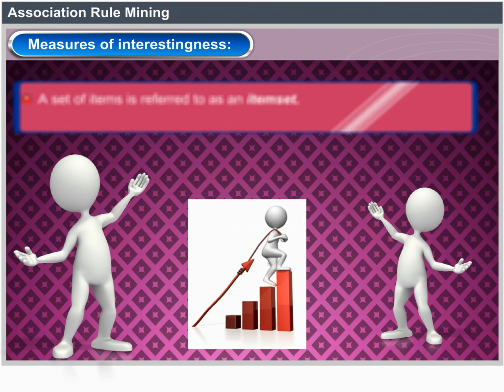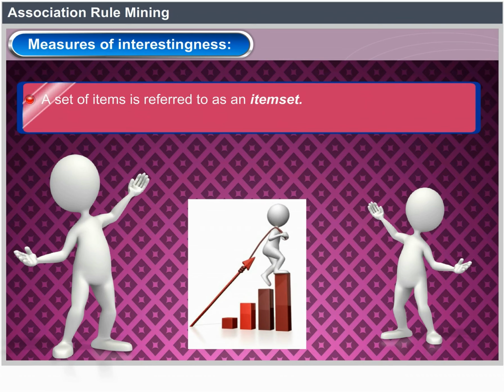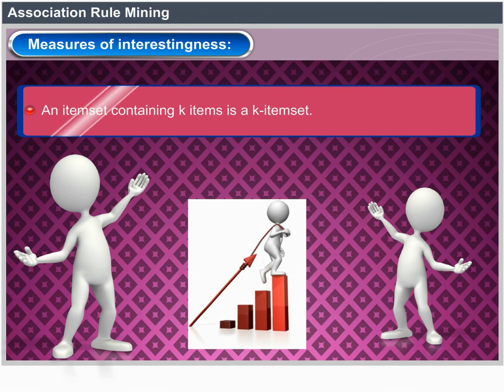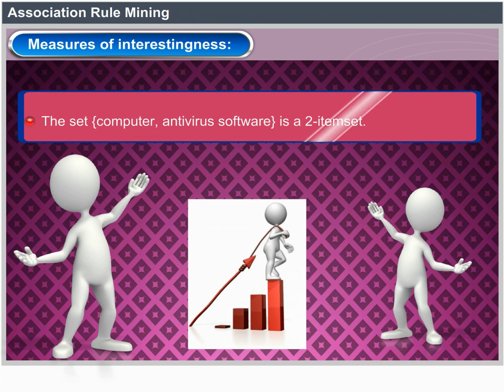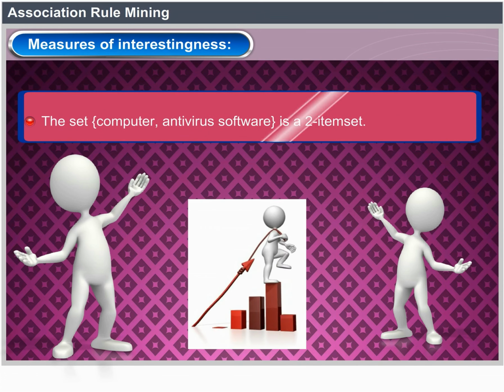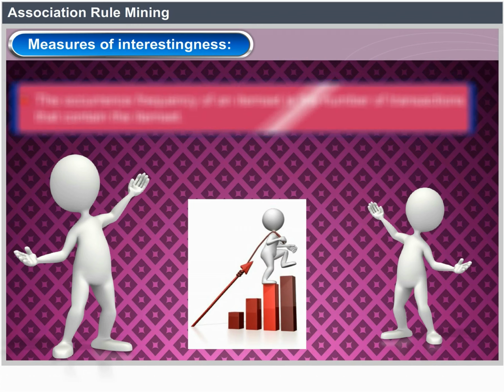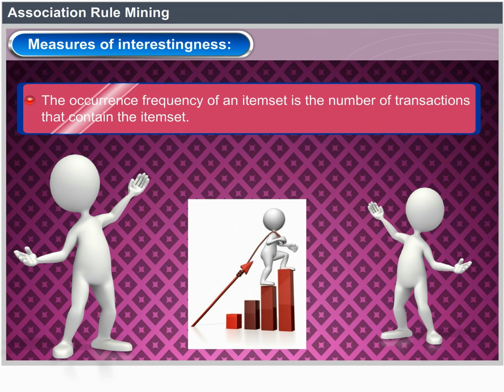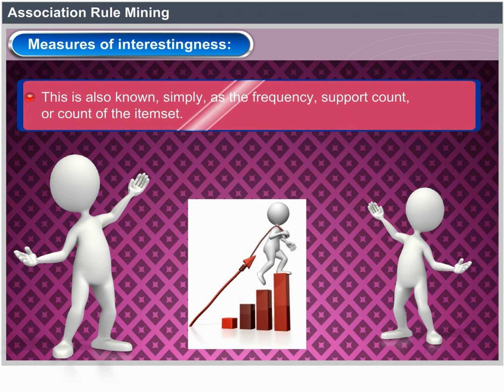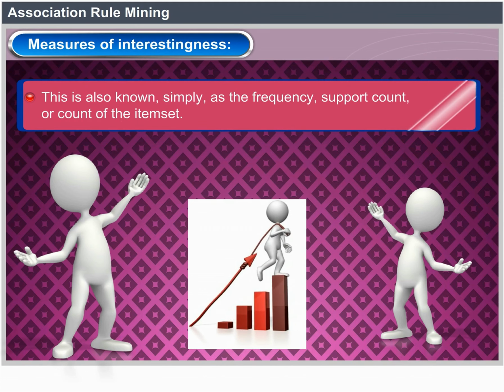A set of items is referred to as an item set. An item set that contains k items is a k item set. The set {computer, antivirus software} is a 2-item set. The occurrence frequency of an item set is the number of transactions that contain the item set. This is also known simply as the frequency, support count, or count of the item set.